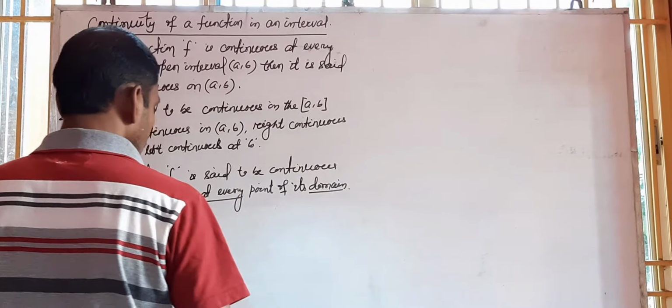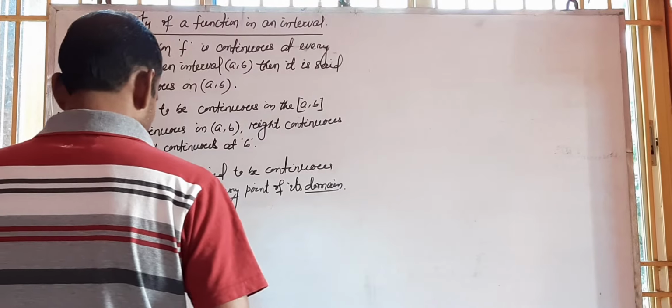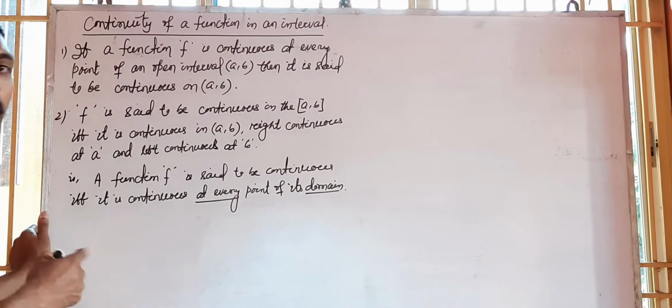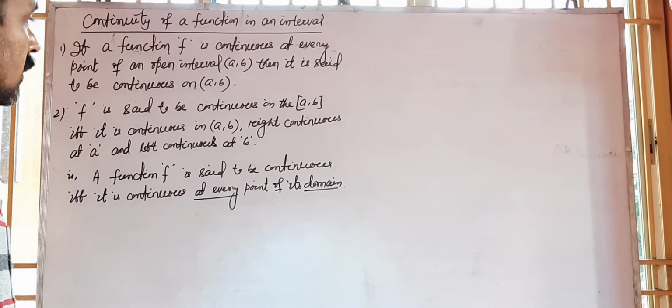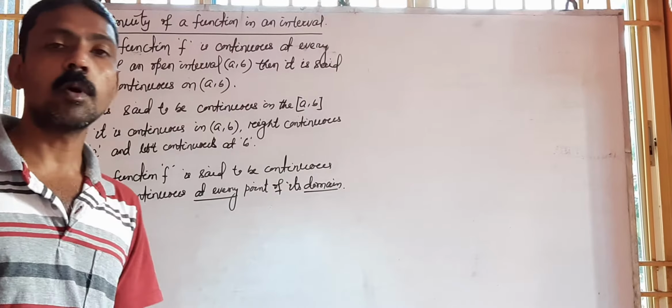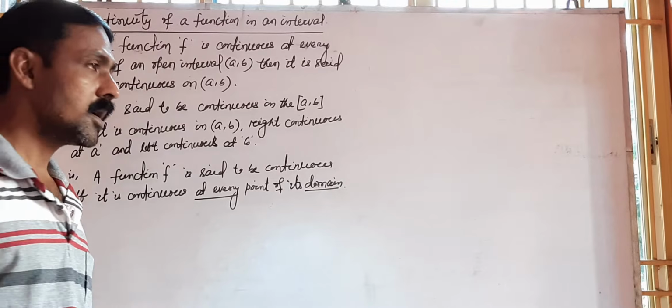So this is the meaning of this. First we find the domain of the function, and if it is continuous at each and every point of the domain, then we say that the function is continuous.